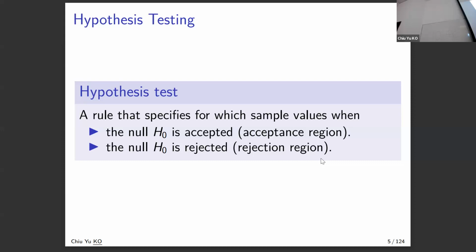This doesn't make too much sense here, but after we go over everything, come back to this slide and you will see. A lot of things here are a little bit framework, so it probably doesn't make too much sense here. We just define it. Later you will see.